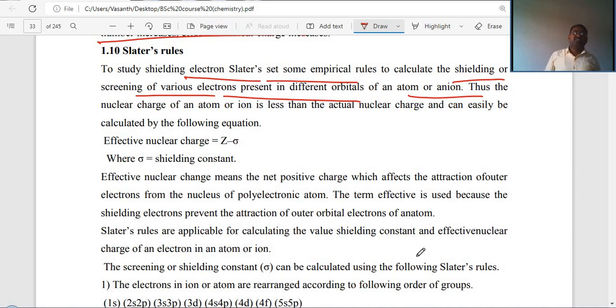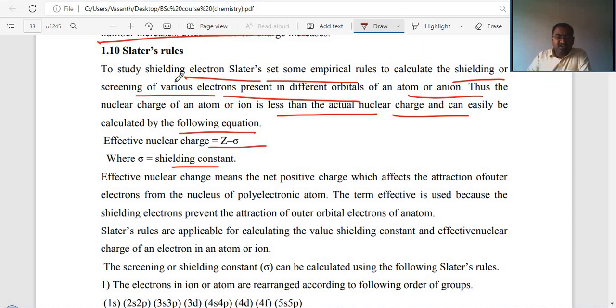Thus, the effective nuclear charge on an atom or ion is less than the actual nuclear charge and can easily be calculated using the following equation: effective nuclear charge is equal to Z minus sigma, where sigma is the shielding constant.